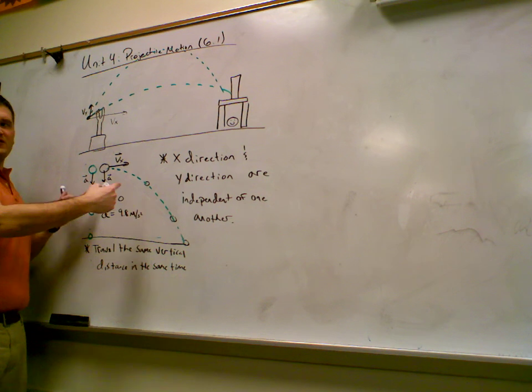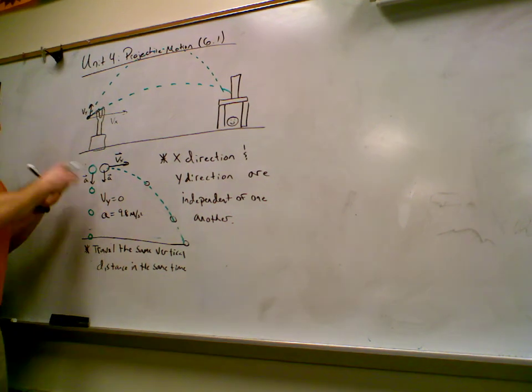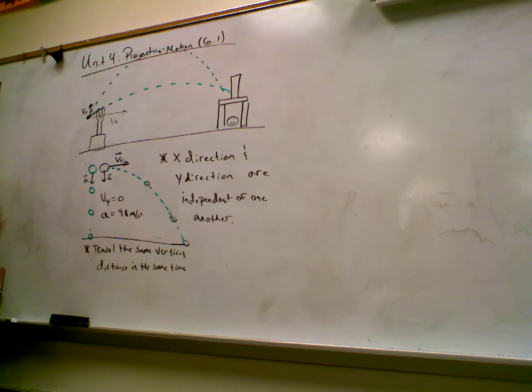Now the total velocity is affected because that contains both x and y. Okay, does that make sense? But the y direction is not affected by the x direction, and the x direction is not affected by the y direction. Okay, does that make sense now? Any other questions, guys? Okay.